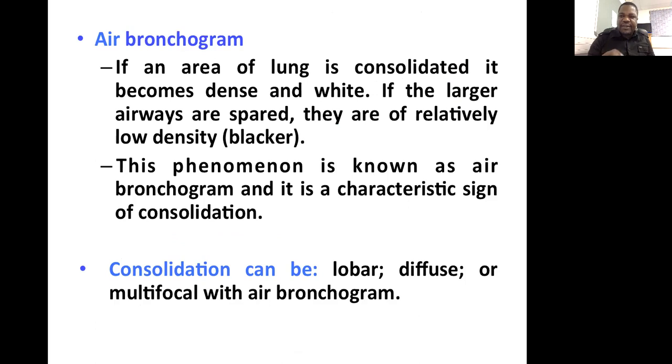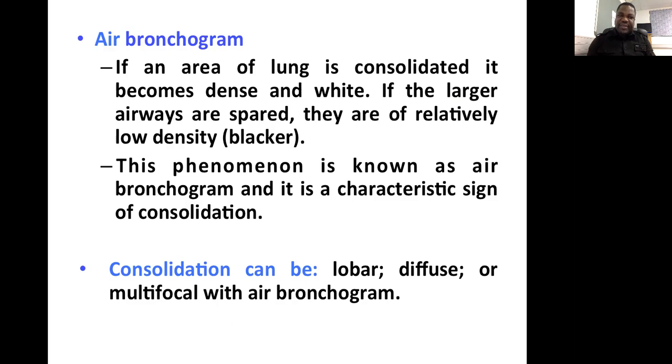But something else very important that you can see in patients with consolidation is what we call the air bronchogram. The air bronchogram simply means that if an area of the lung is consolidated, it becomes dense and white. Now, if the larger airways are spared, they are of relatively low density.